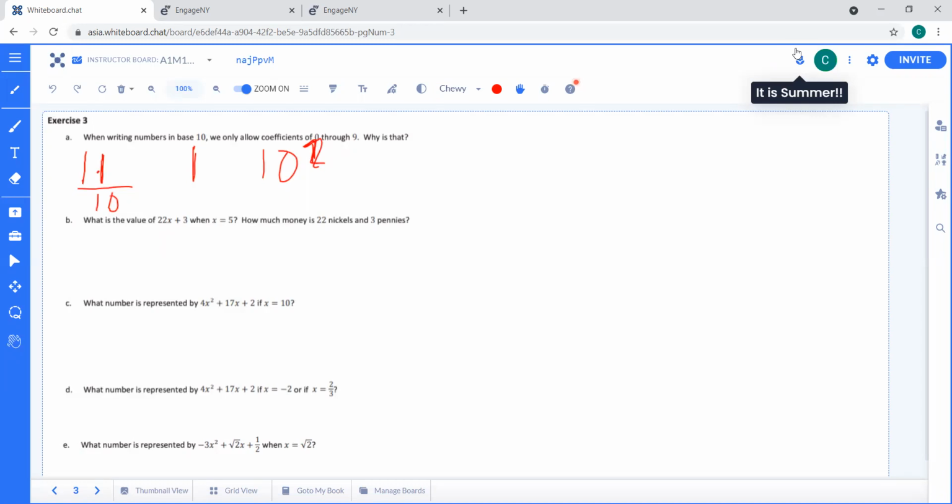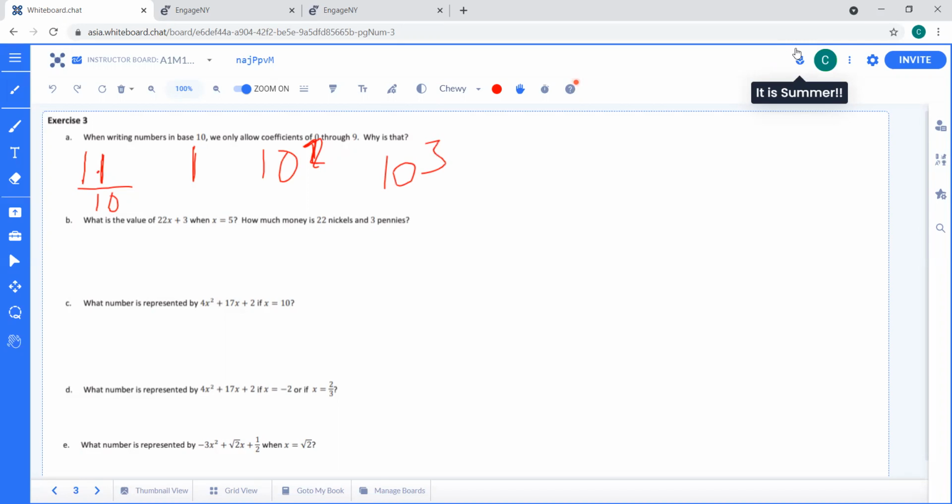If I multiply up again by 10, well, that's 10 times 10 again. So that's going to be 10 to the third. So every time you go with a coefficient above 9, so to 10, you're automatically going to throw up another exponent because we're using base 10.